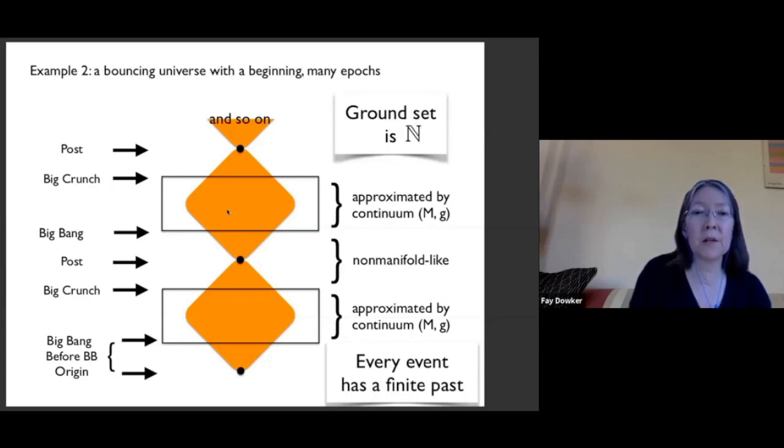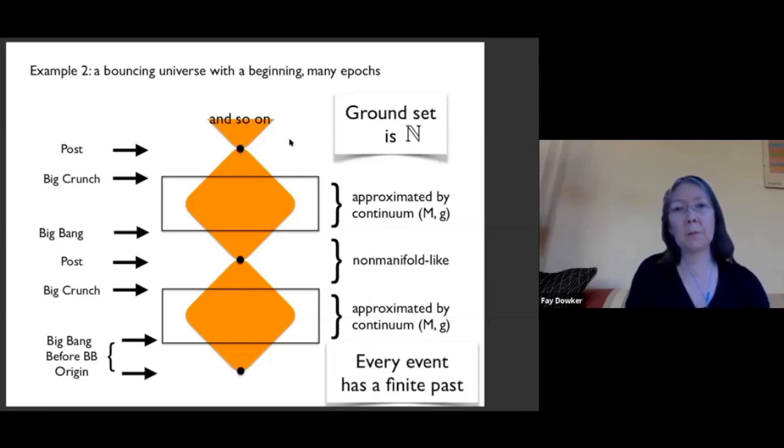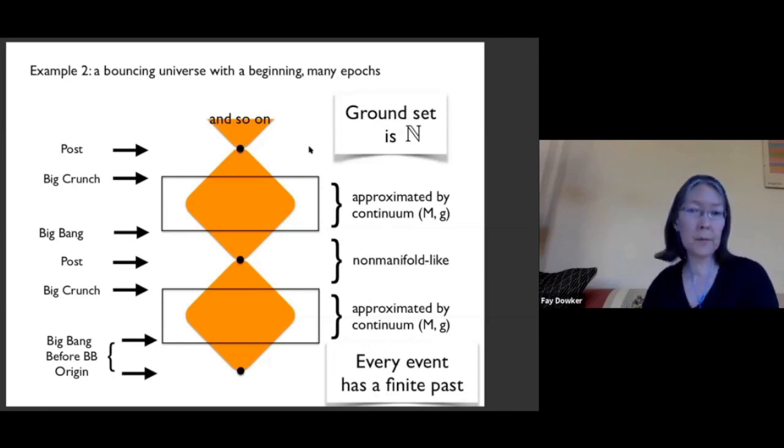Then there's a continuum epoch ending in a big crunch, and there's a non-manifold-like bit ending in a post, and then the post blows up again into a non-manifold-like era, and so on. So that's another causal set that we can construct.